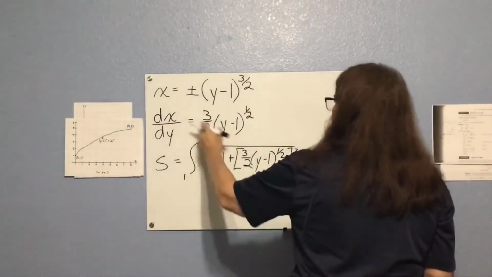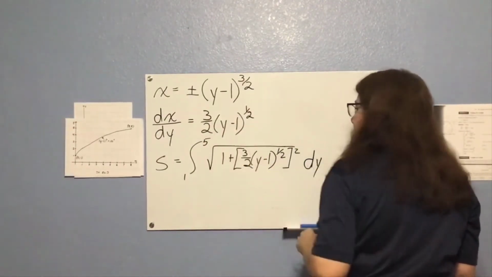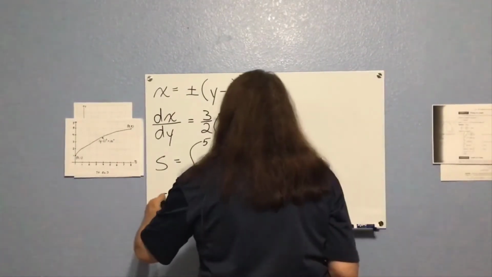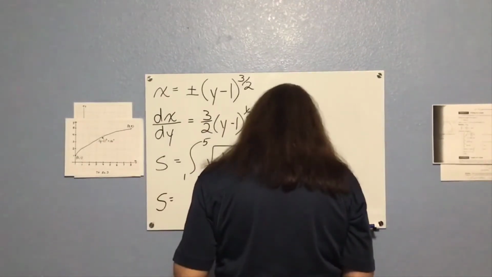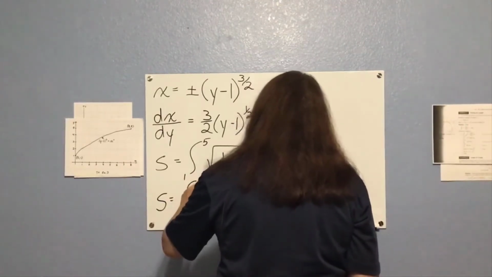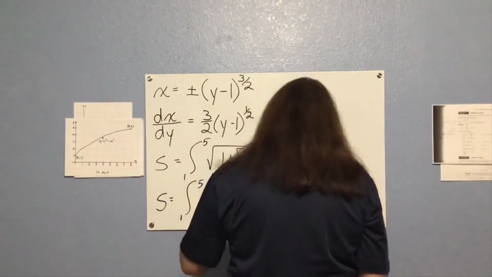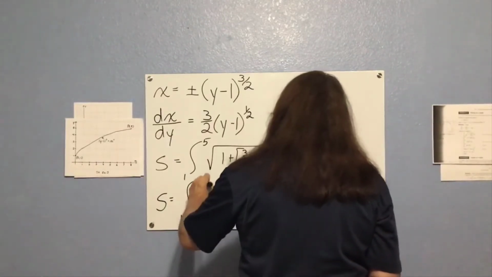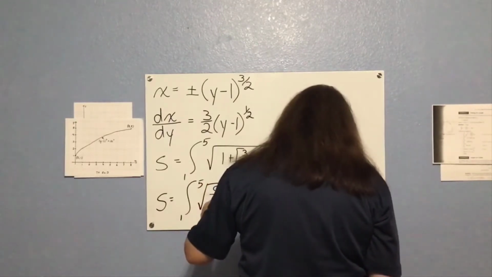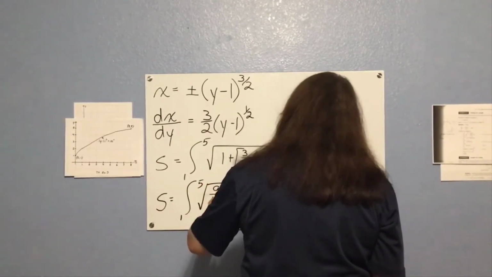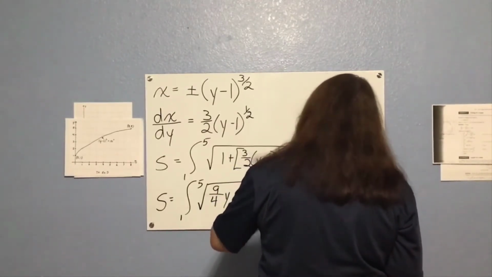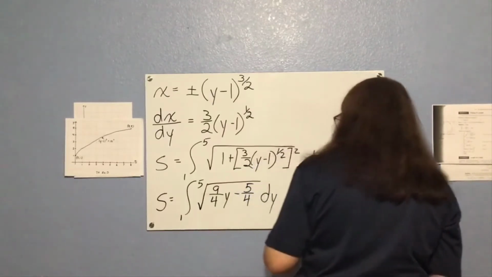You notice I just took this expression for dx dy, moved it into the square root, and then squared it. Okay, simplifying. I'm going to get integral from 1 to 5 square root of 9/4 y minus 5/4 dy.